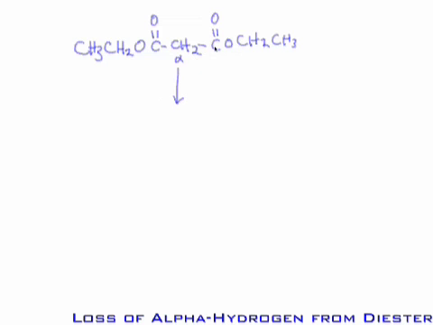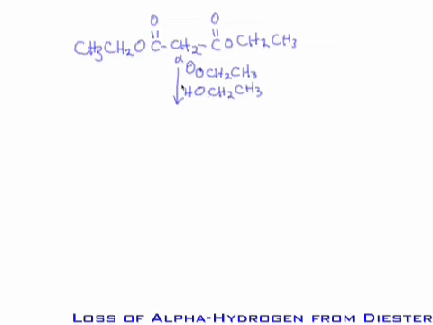And if I hit this molecule with a powerful base such as ethoxide, always remember, if you use an alkoxide base, you must use the conjugate acid as that base's solvent if you want to make sure you have ethoxide in solution. So HOCH2CH3.